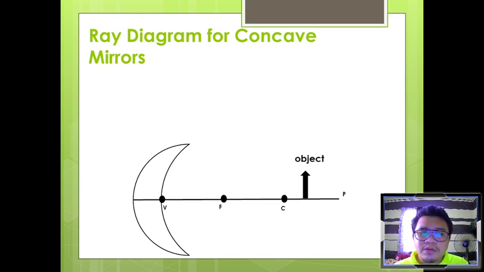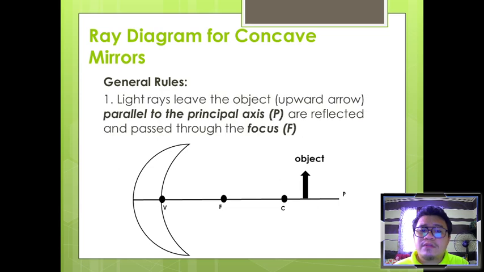Now, the first rule says that light rays that leave the object, which is the upward arrow in this case in the diagram, parallel to the principal axis, which is your P, are reflected and pass through the focus. So how are we going to interpret this?